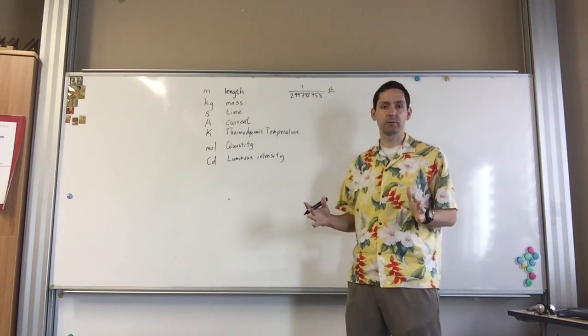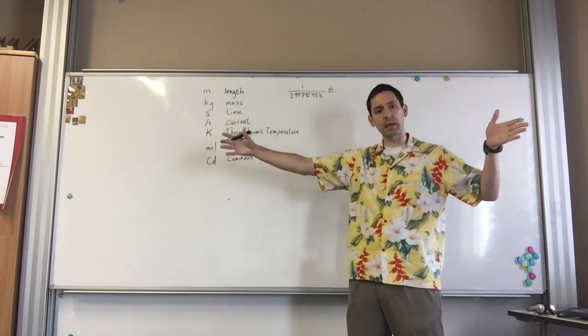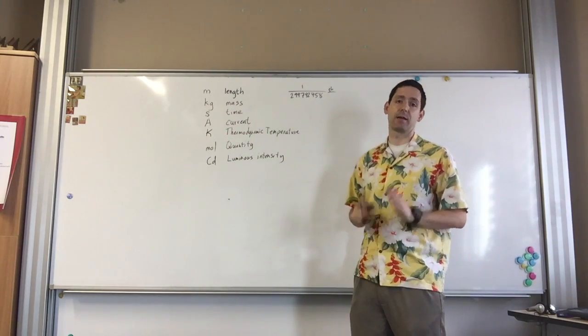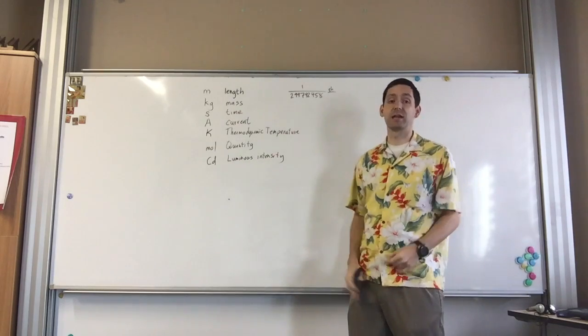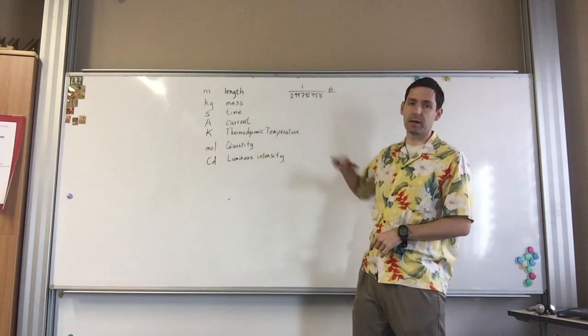That's what a meter is, that distance. You take the distance that it travels in 1 second, you get 1 over that number of it, and that's a meter. By definition, that's what a meter is now. Okay, each of these have their own definition, something like that.